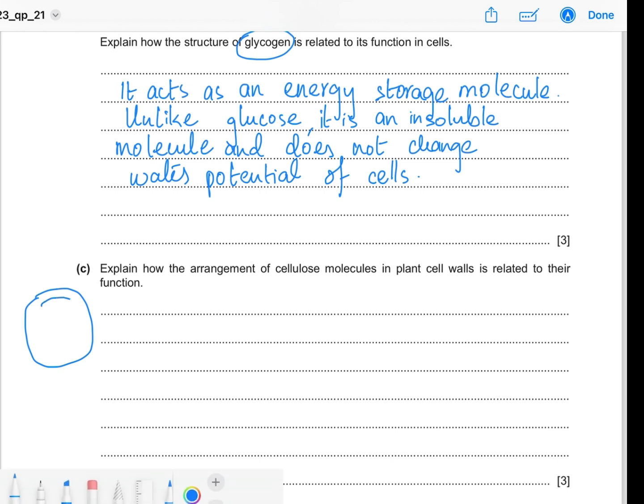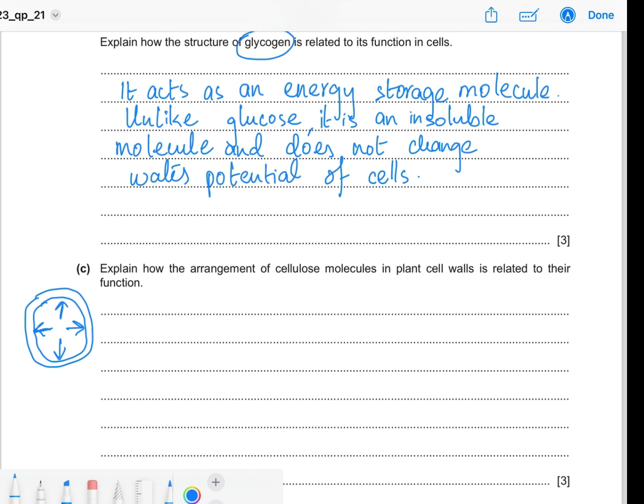Plant cell walls are supposed to prevent the cell from bursting when water content will push outward on the cell. So, you're supposed to explain how the structure of cellulose molecules inside plants allows it to resist against this pressure.